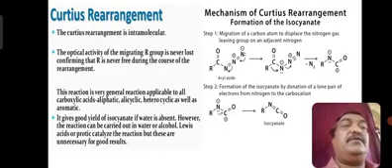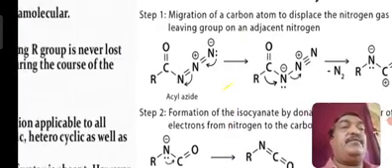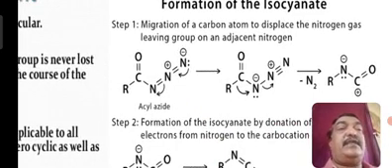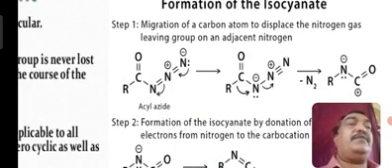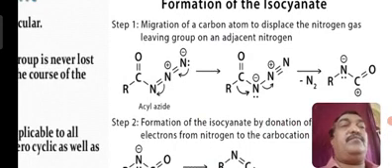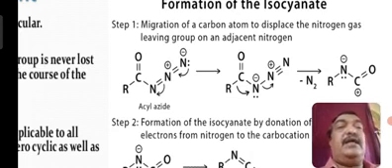You can see the mechanism is very simple. This is your acyl azide. There is migration of the carbon group to displace the nitrogen gas, the leaving group, on the adjacent atom. You can see RC double bond O, attached to the nitrogens.